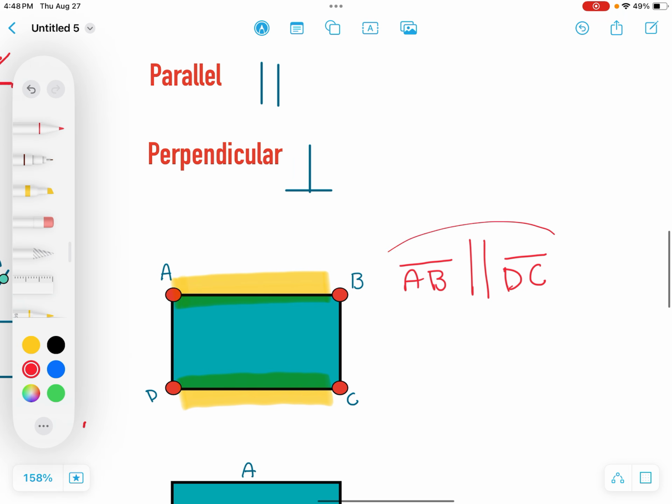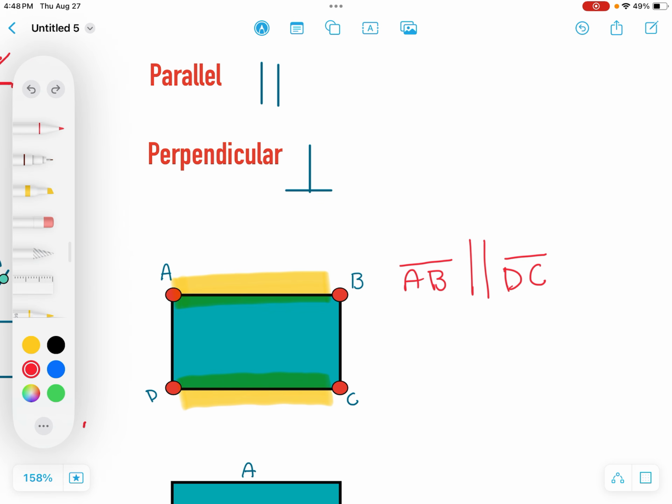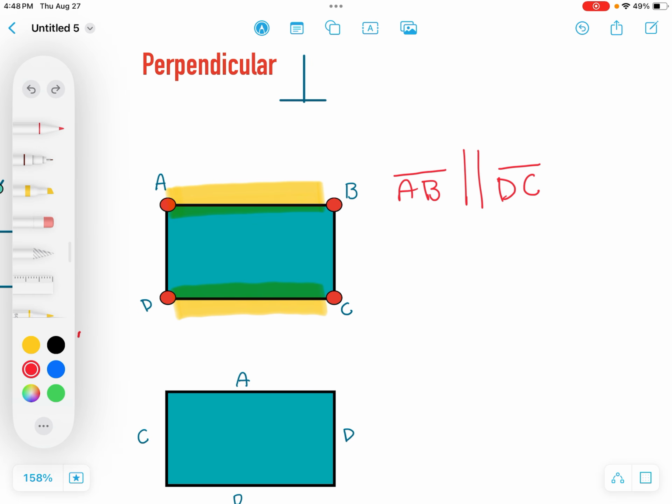This right here is a mathematical statement. We're non-language arts, so we don't like using a whole lot of words. We just want to shorten it with symbols. We don't want to write it all out with words. We want to use our symbols. So that's what this means.